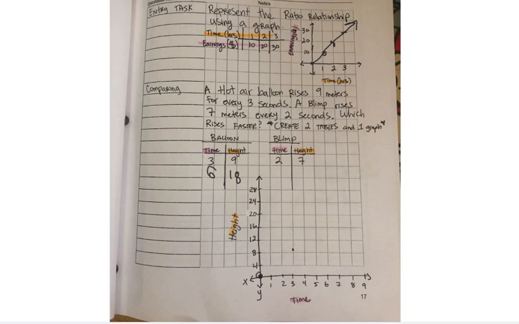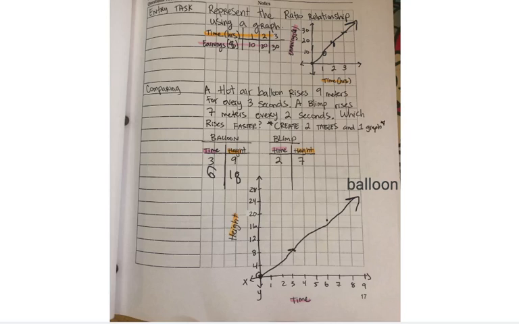Here's 6, and then 18 is just a little bit under 20 as well. 3 points make a line. So let's do our best to draw through our line. Make that point. Did the best I could there. All right, so that is the line for the balloon.